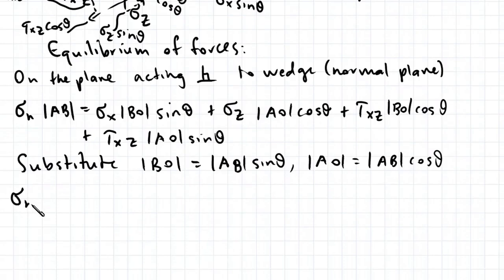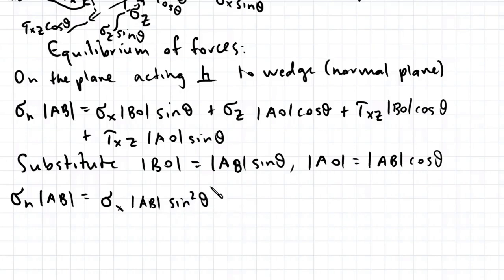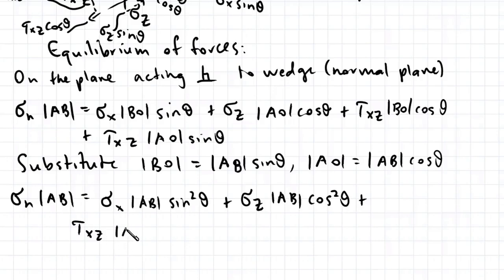We then get, so sigma AB equals to sigma x AB sine squared theta plus sigma z AB cosine squared theta plus tau xz AB sine theta cosine theta.